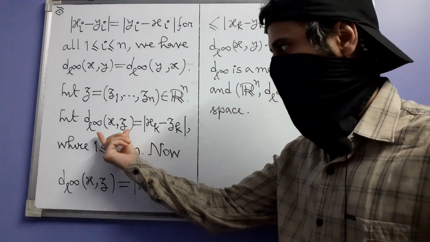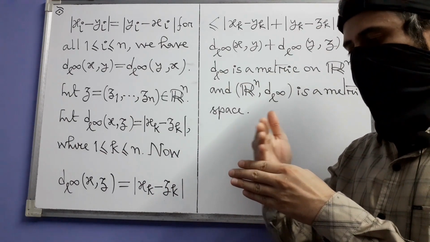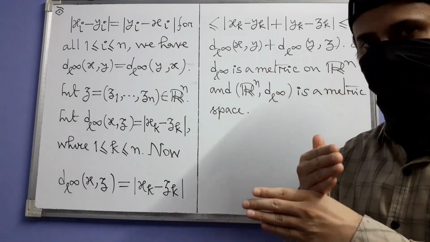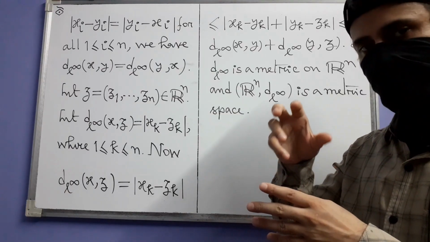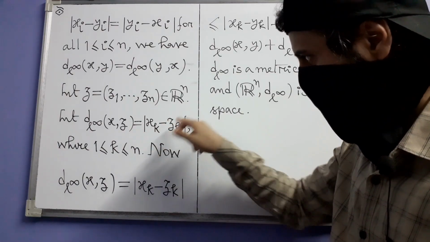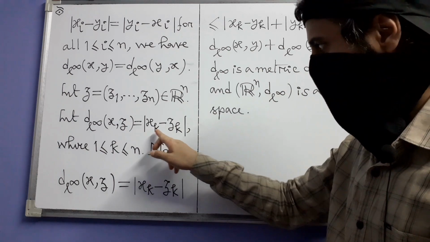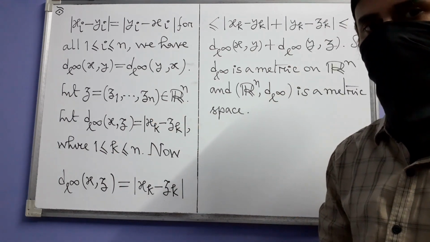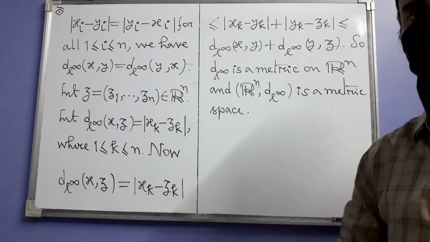By definition, this is the supremum or maximum of the set of all numbers of this form mod xi minus zi. Now the maximum obviously is going to be one of them, so it will ultimately be equal to one such element of that set, say mod xk minus zk for some k. No matter what this k ultimately is, it will be one of them.